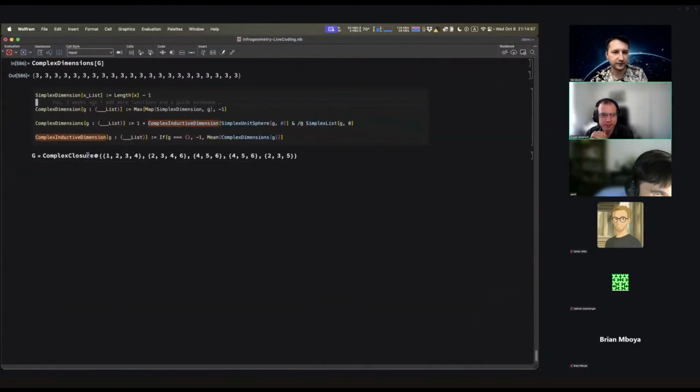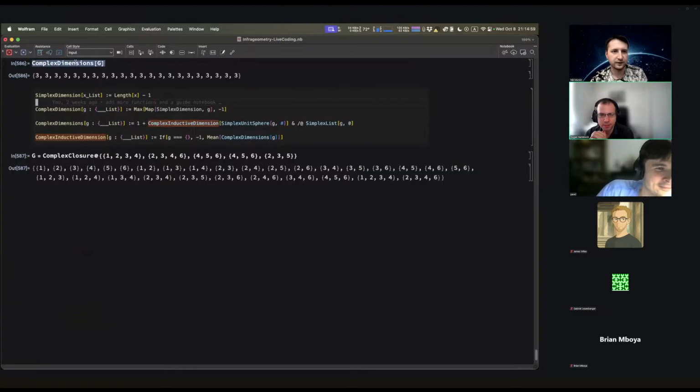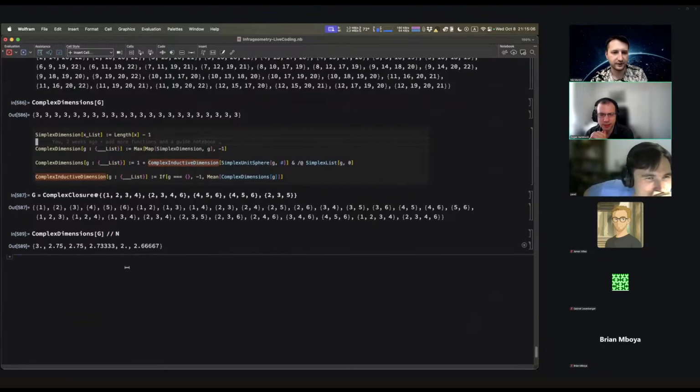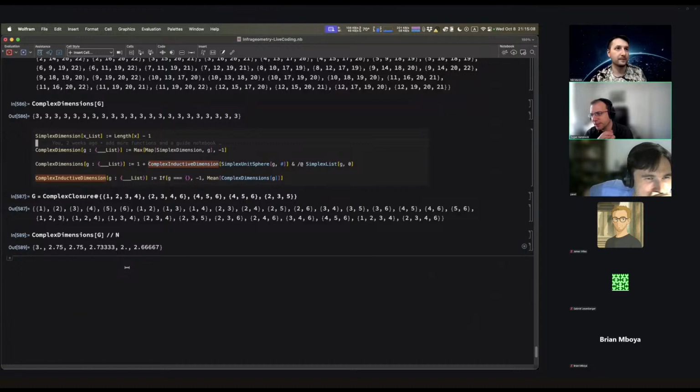There we go. Okay, so maybe it takes the average of all the adjacent simplices. Yeah. Some function of that.